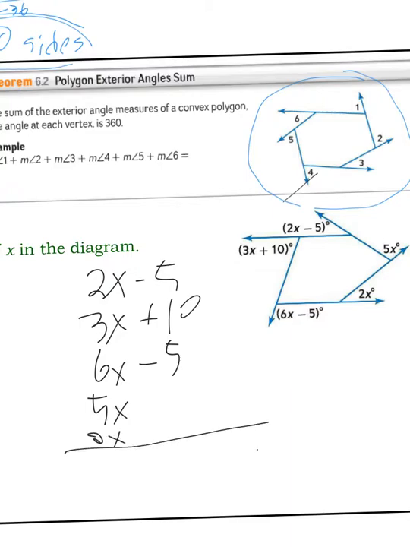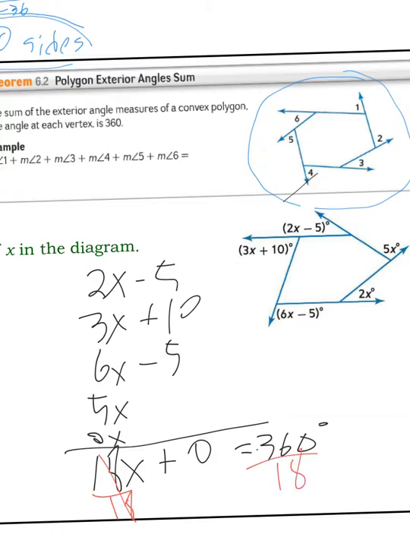And I want this all to equal 360. Okay, so when I add up all my x's, I get 18x. When I add up negative 5 plus 10 plus negative 5, that equals 0. So I have 18x plus 0 equals 360, which just means I can divide by 18, and I'll figure out x. So 360 divided by 18 is 20. So x equals 20.